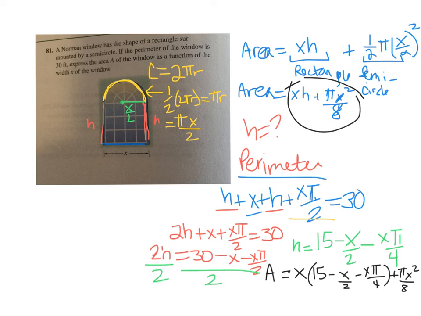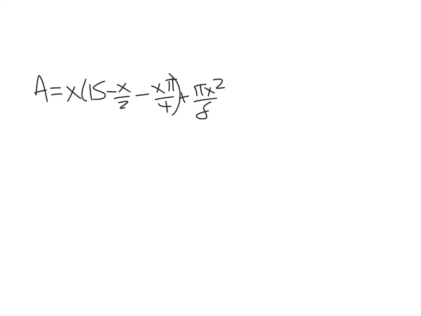If you leave it like this, you will get full credit. You are also welcome to simplify things out. I'm going to quickly show you how you can simplify that.